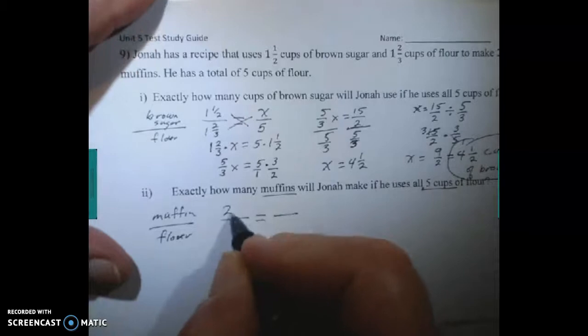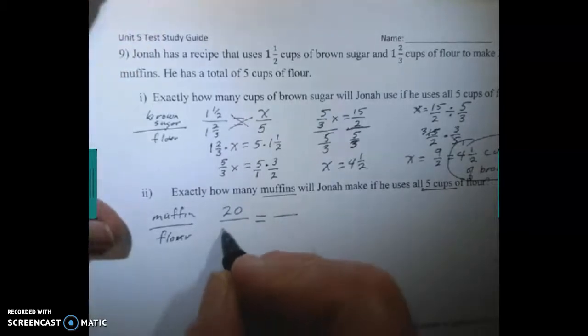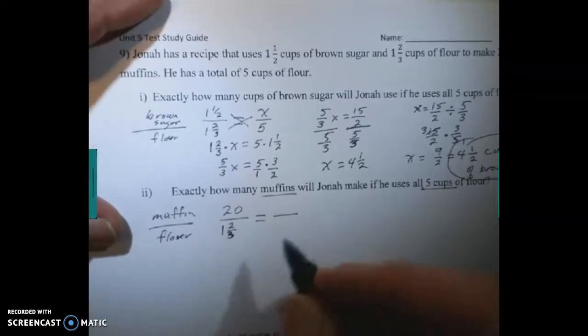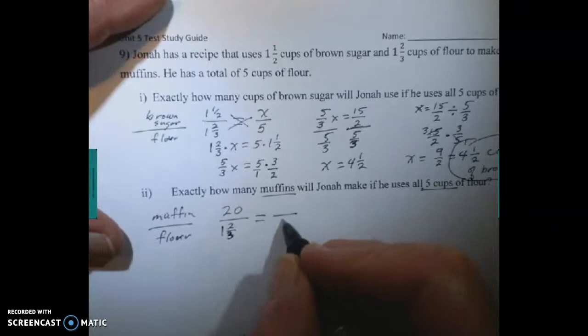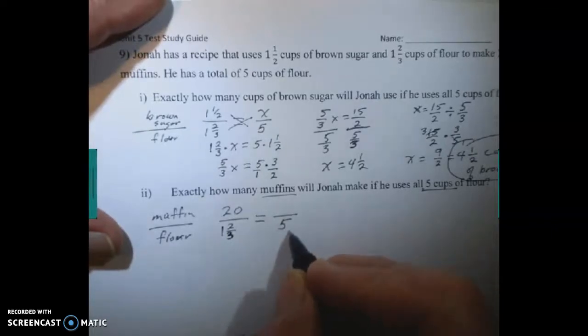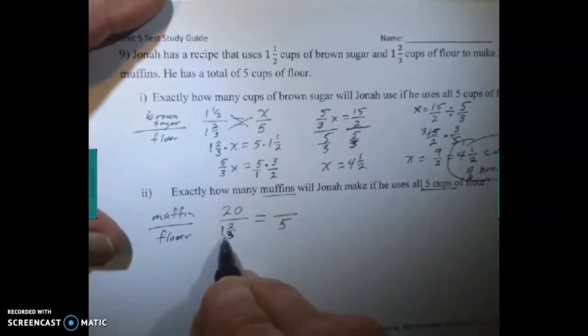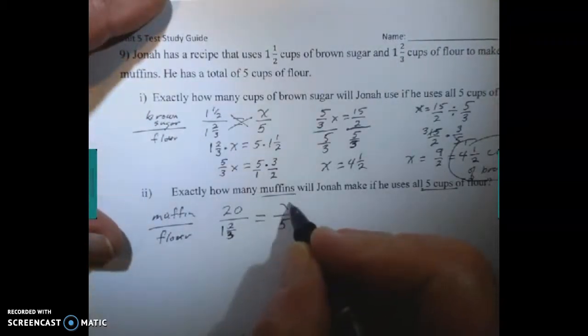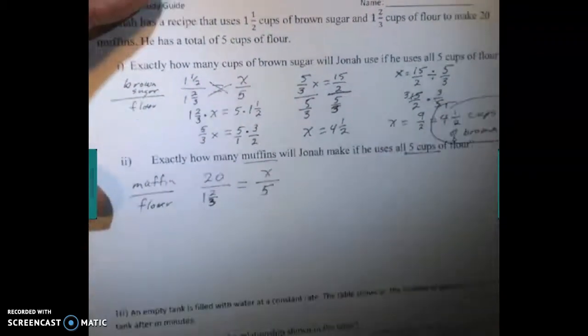From the information up above, what you know is that with 1 2/3 cups of flour, you can make 20 muffins. That's the rate that we need. You make 20 muffins when you use 1 2/3 cups of flour. And now he is wanting to do this using 5 cups of flour. Again, flour was on the bottom on this side, so we put it on the bottom on this side. We're looking for how many muffins he can make.